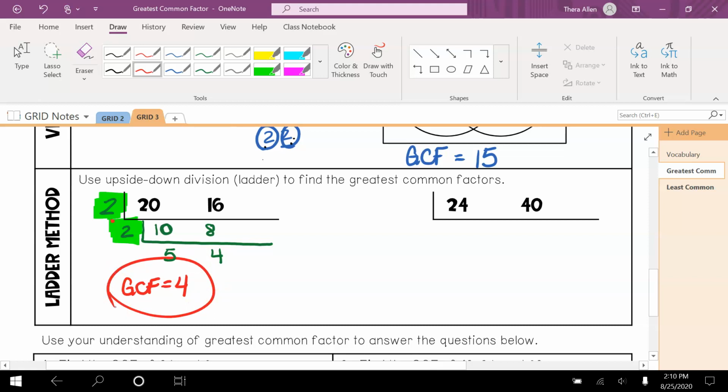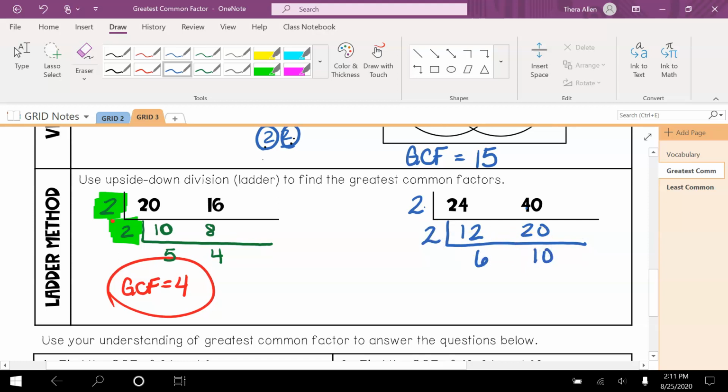Let's try that one more time between 24 and 40. I know that 2 can go into 24 and 40. And 24 divided by 2 is 12, and 40 divided by 2 is 20. Can anything go into 12 and 20? Yes, 2 again. Draw my line, put my 2. 12 divided by 2 is 6. 20 divided by 2 is 10.